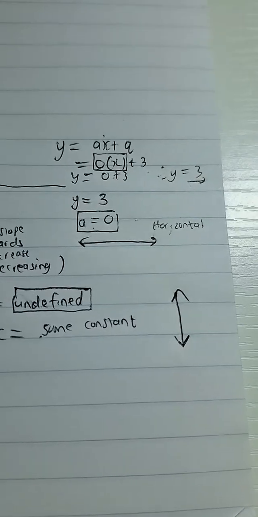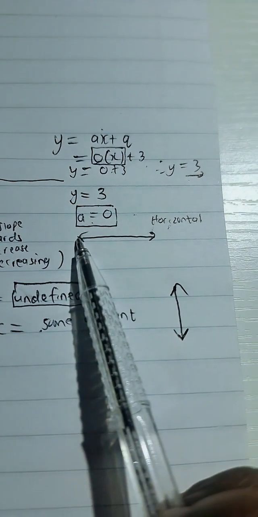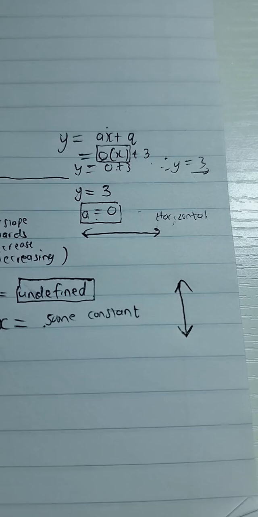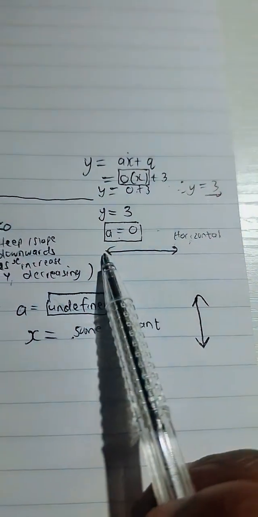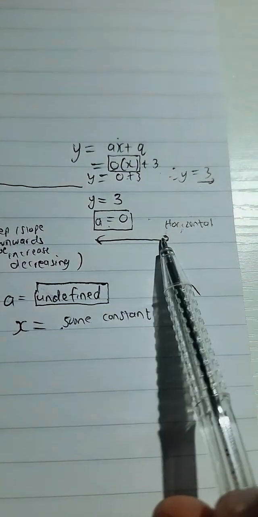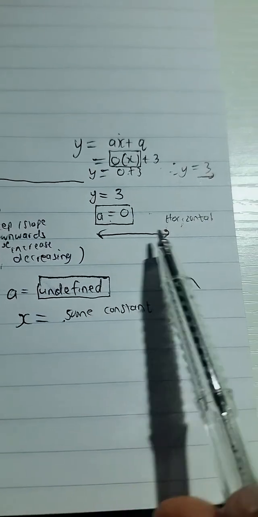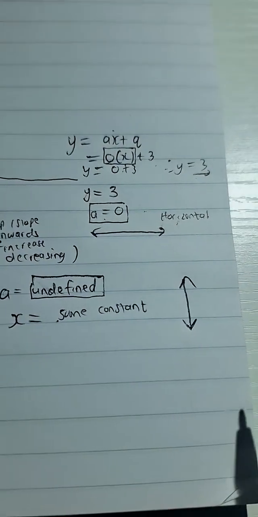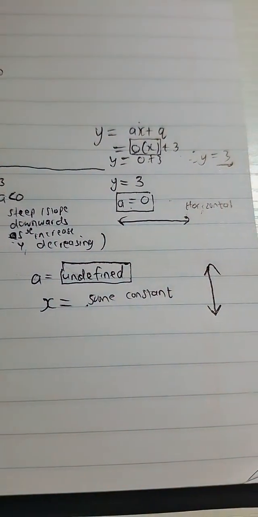A gradient that is 0 is represented by a straight line that is horizontal. With your ruler, guys, I've just free-handed this, but it's a horizontal straight line.